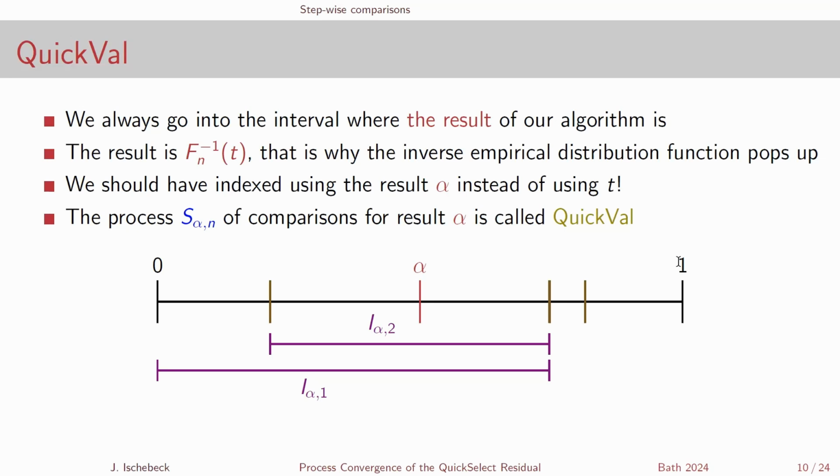We now write S_alpha^n for basically the same thing as S_T^N, the costs to compare and find value alpha when we have n values. Because we are looking for value alpha, this is called the QuickVal process, and it turns out to be much easier to describe than this QuickQuant process.